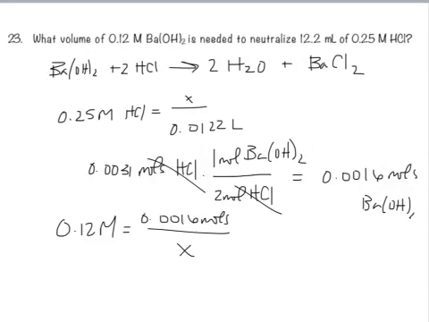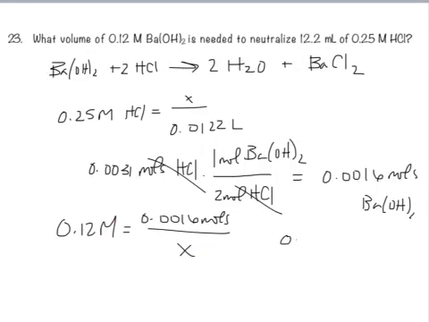Essentially, you got to get x by itself, so you're going to cross multiply. So essentially these two things are going to switch places. You're going to multiply both sides by x, which is going to put x up here. Then you're going to divide both sides by 0.12 molar, which will cancel on this side, and it'll bring the 0.12 molar down here.